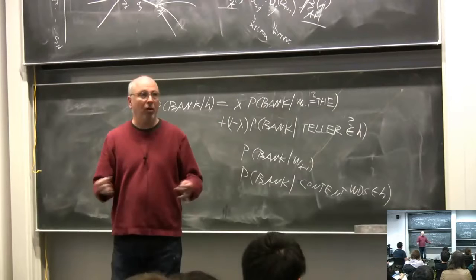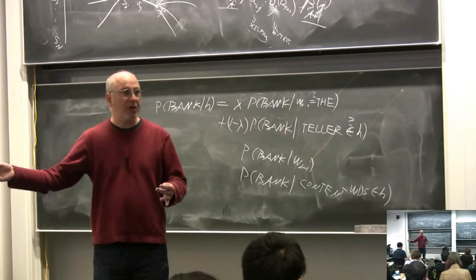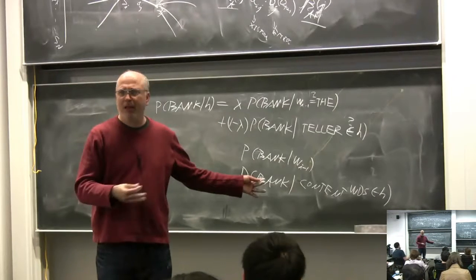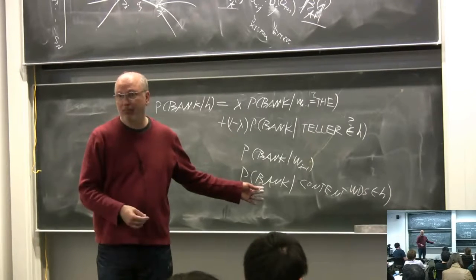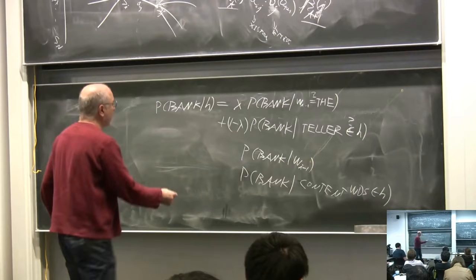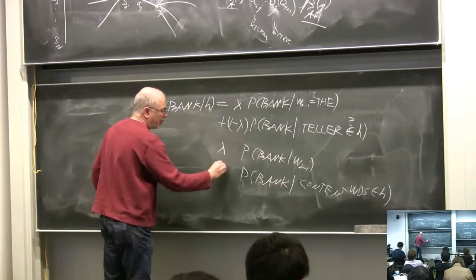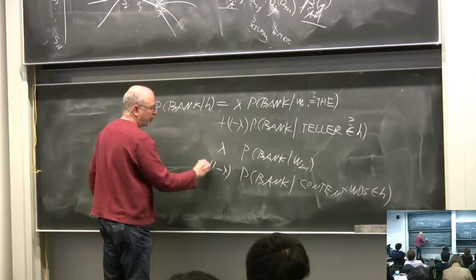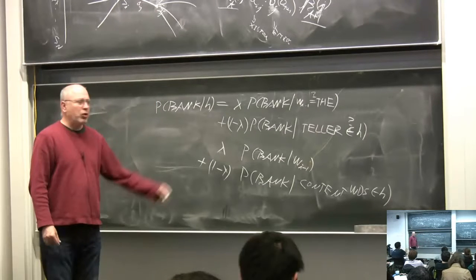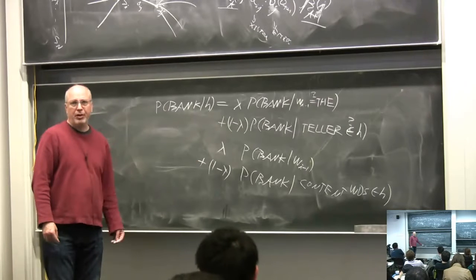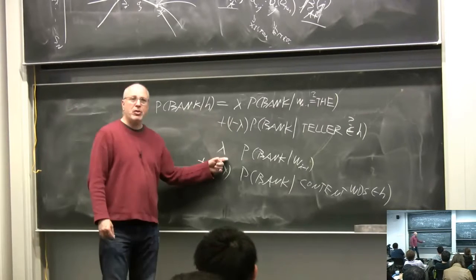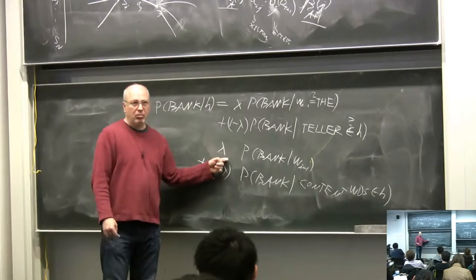I can build some model that looks at the content words further in the history and tries to get a sense of, is this document or this sentence about banking? And then I can combine these two with some lambda and 1 minus lambda. And I can do it not just with 2 components, I can do 100 components. And I can combine them linearly. And how do I choose these lambdas? Held out data, like the algorithm that you guys implemented. That's a fine thing to do.